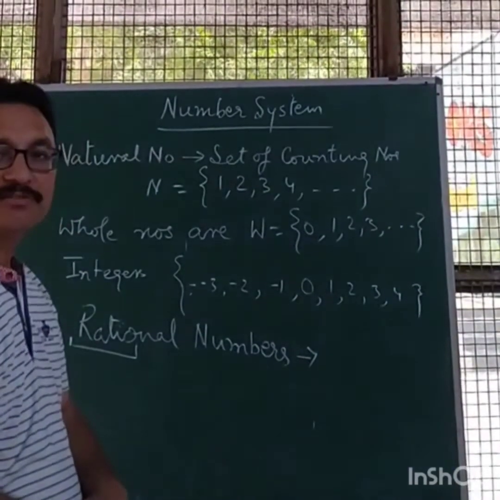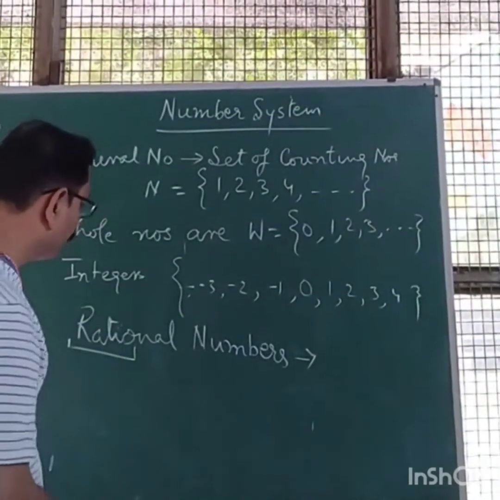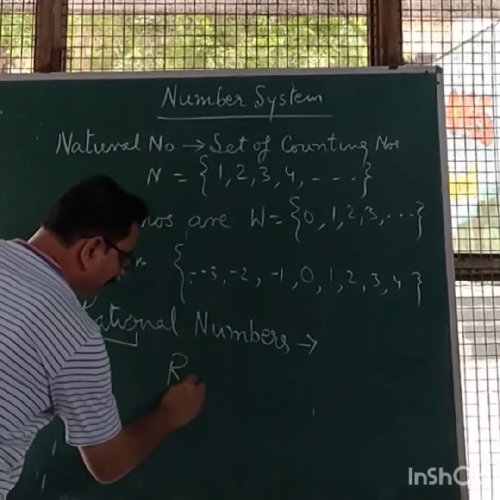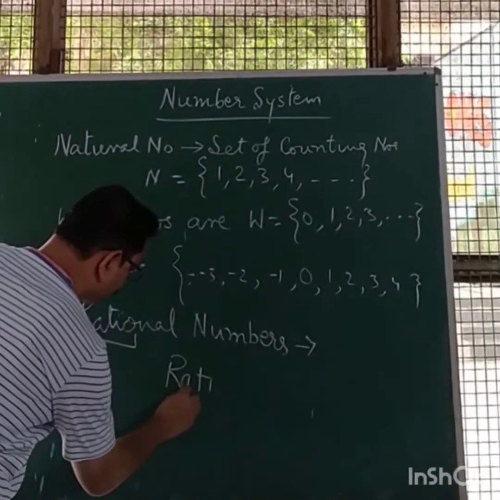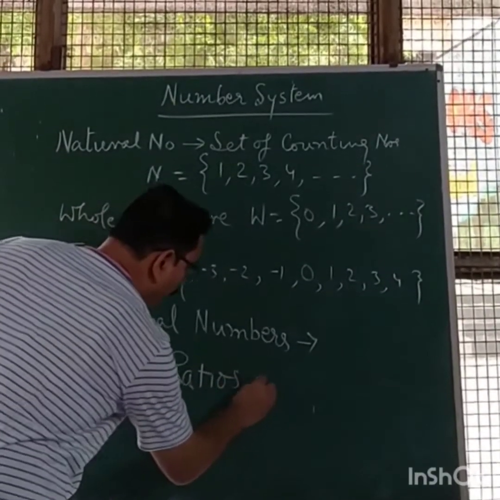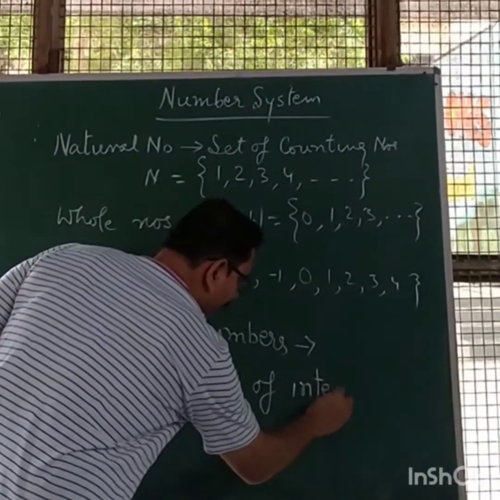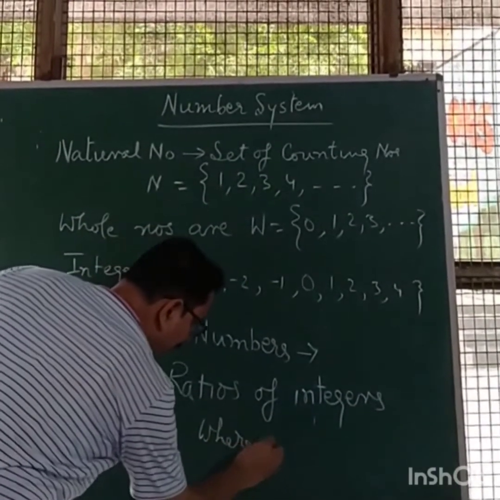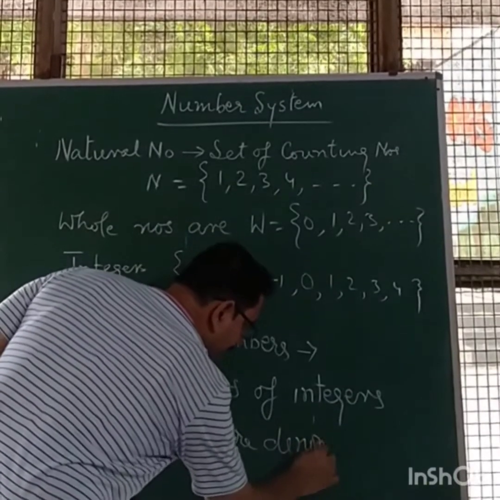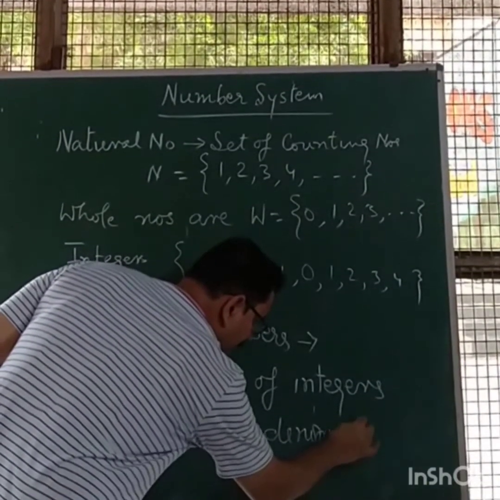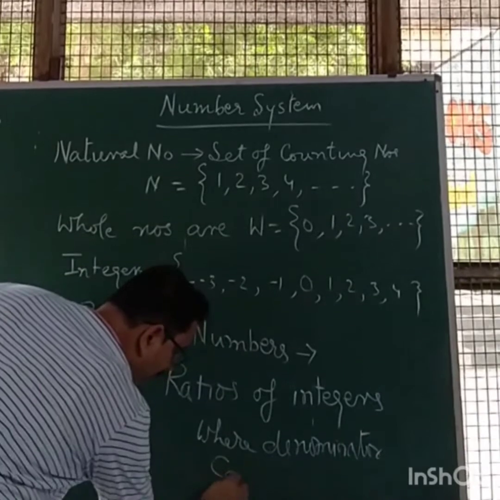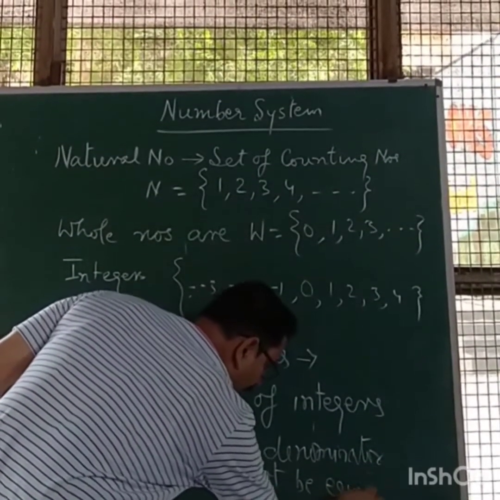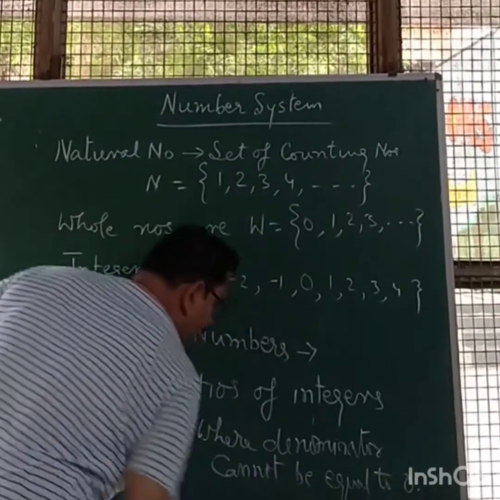Such types of numbers are called rational numbers. So rational numbers are ratios of integers where the denominator cannot be equal to 0.